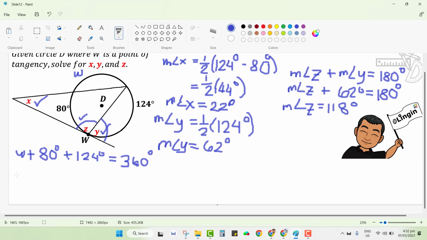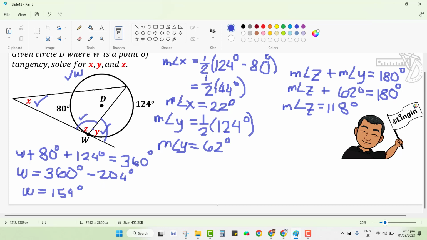So in solving that, we'll have w is equal to 360 degrees less the sum of the two given arcs, which is 204 degrees, which will give you a result for w equal to 154 degrees. That's just for w here.